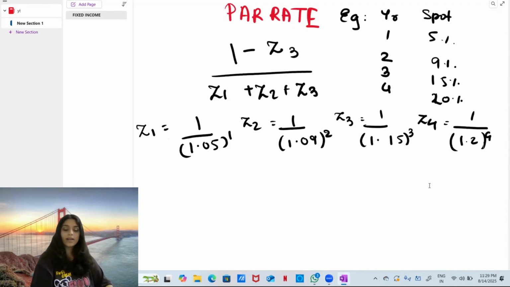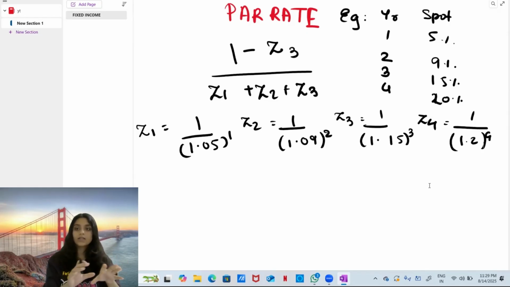Z1 is 1 divided by 1 plus R raised to 1, because it is for the first year. So 1 divided by 1.05 is something.